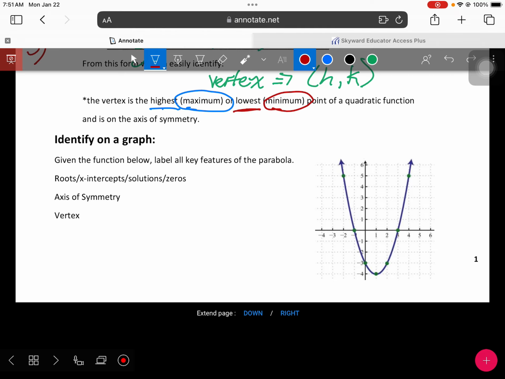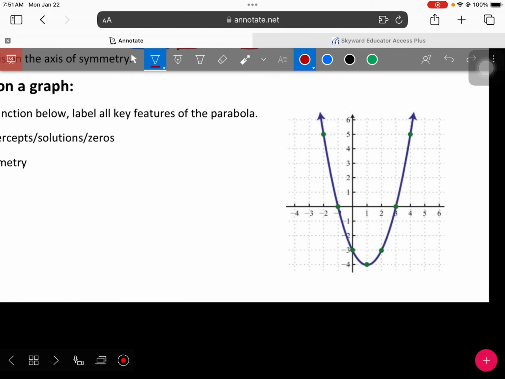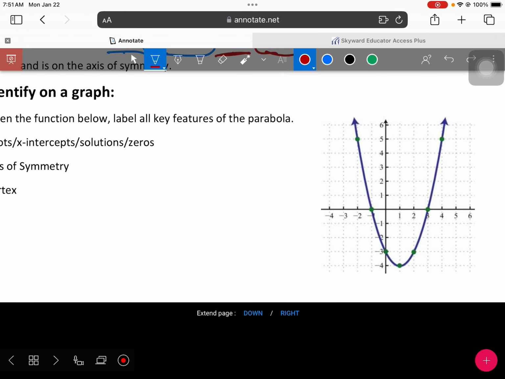Where are the roots, the intercepts, the solutions, or zeros? So the roots, x-intercepts, solutions, or zeros are going to be right here. These 2 points are your roots. Your zeros. It's where the graph crosses the x-axis.